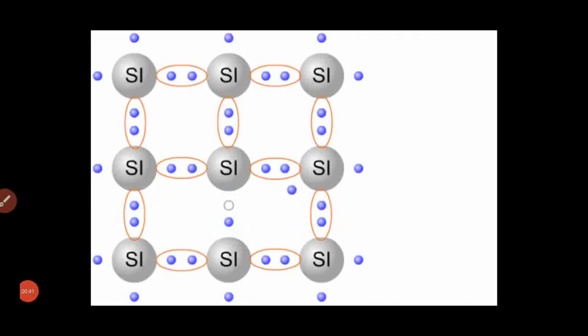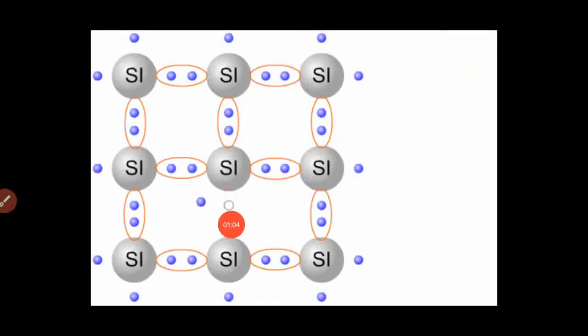When the light strikes this material, that means it will strike the electrons also. And this electron absorbs this radiation. This means that it absorbs the electromagnetic radiation.